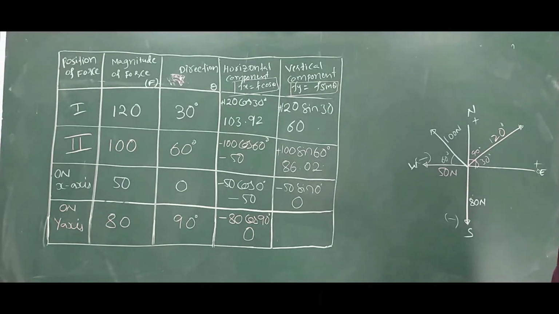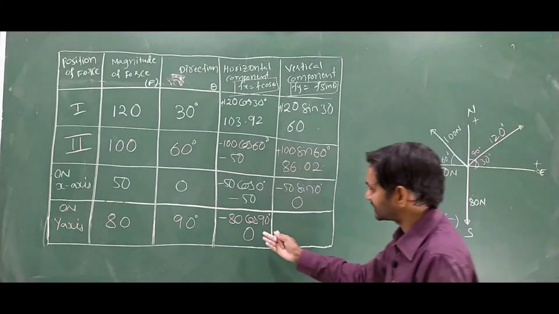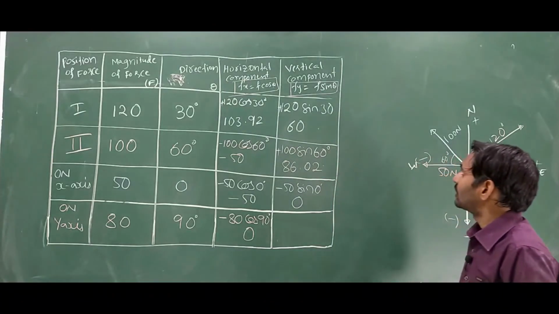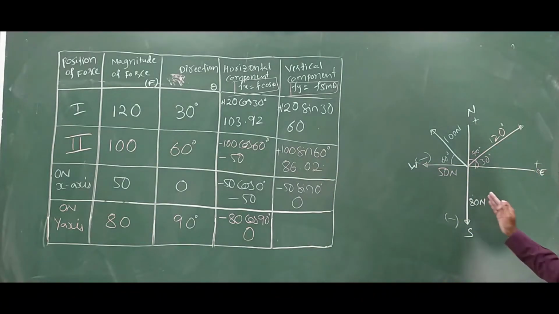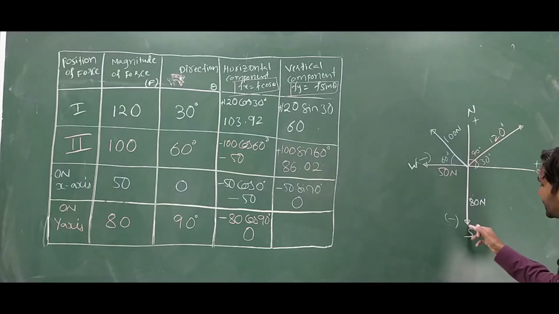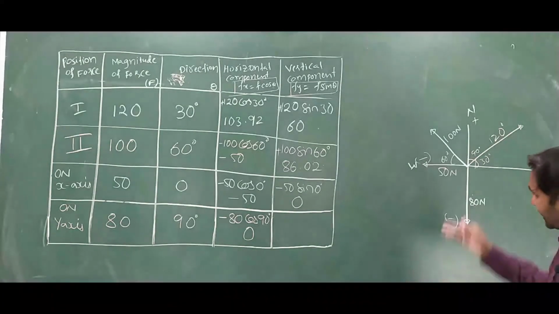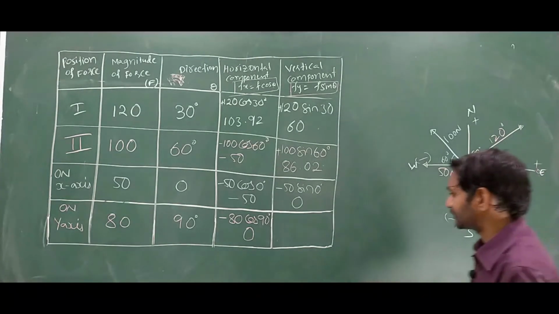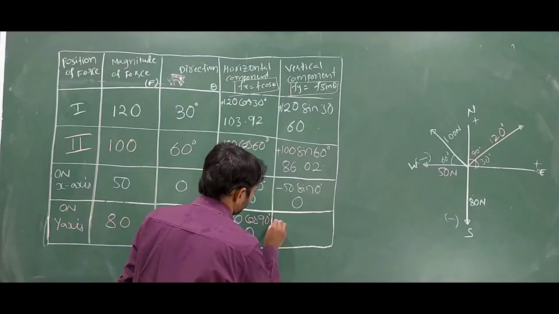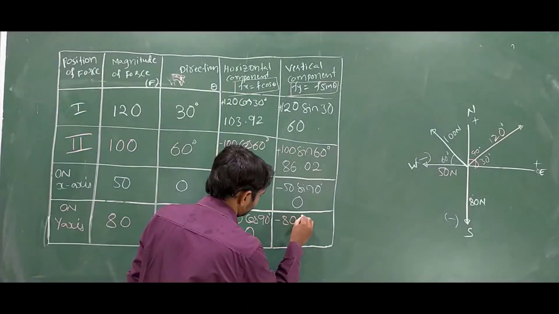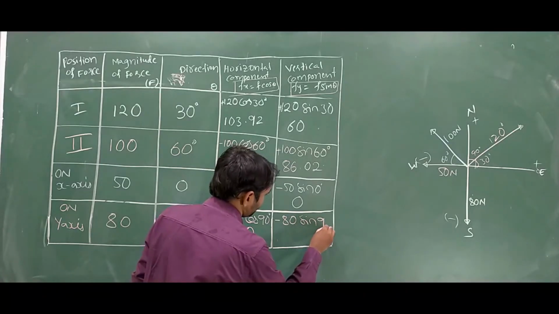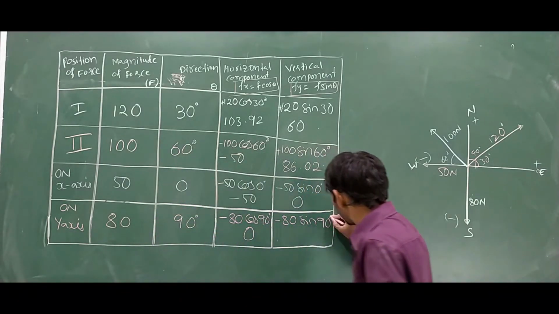And next I have to resolve this in the y direction, vertical direction. So what is in the vertical direction? This is also in the negative. Vertical direction is also negative.